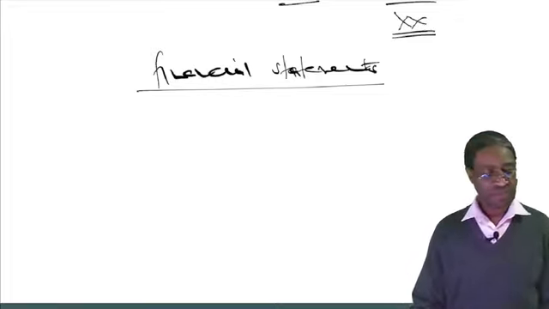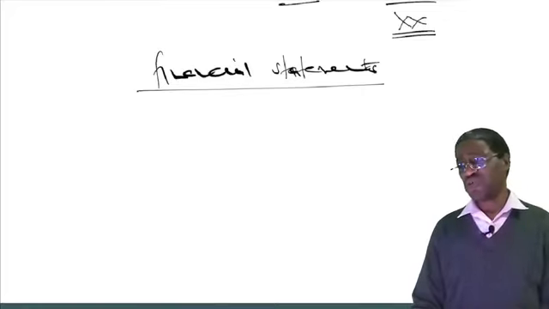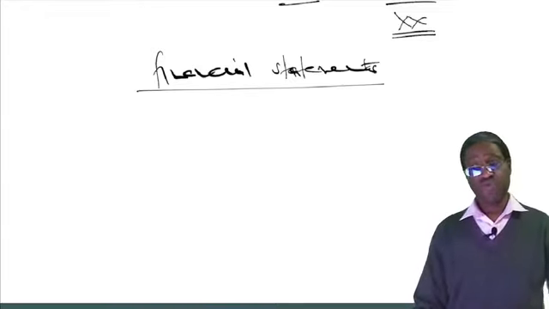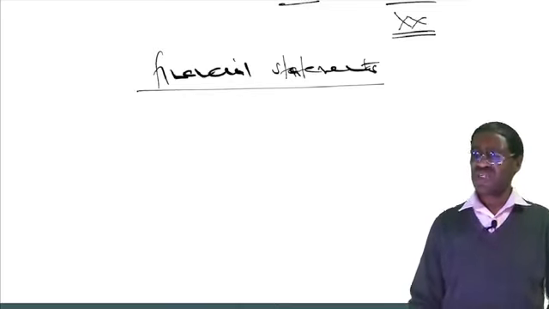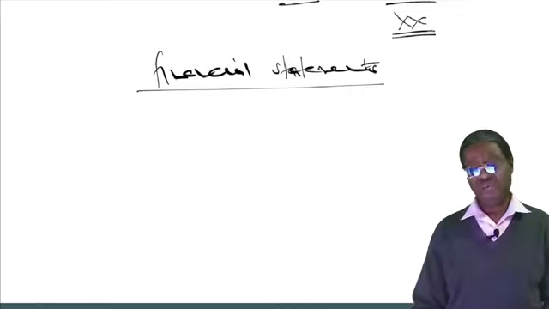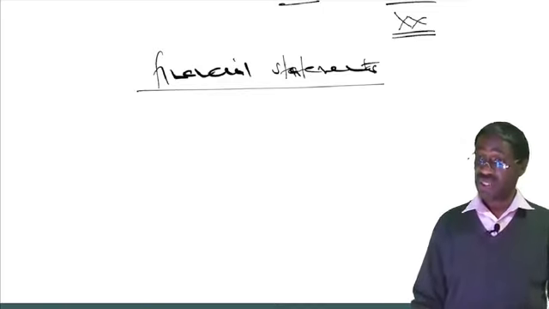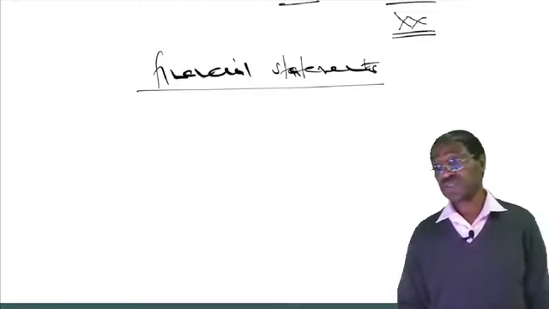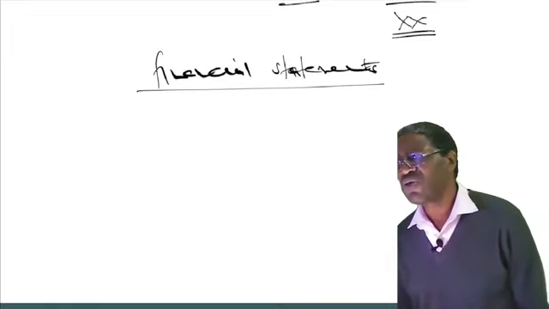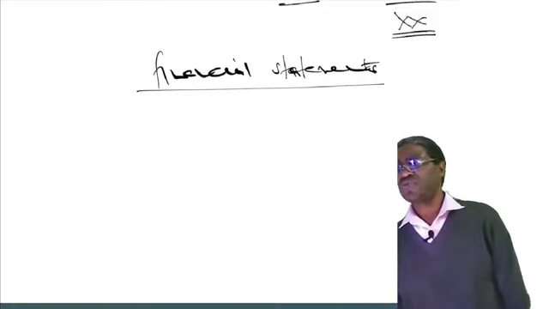Then you say this: for preparation of financial statements, comma, the farming activities should be classified into the following categories.